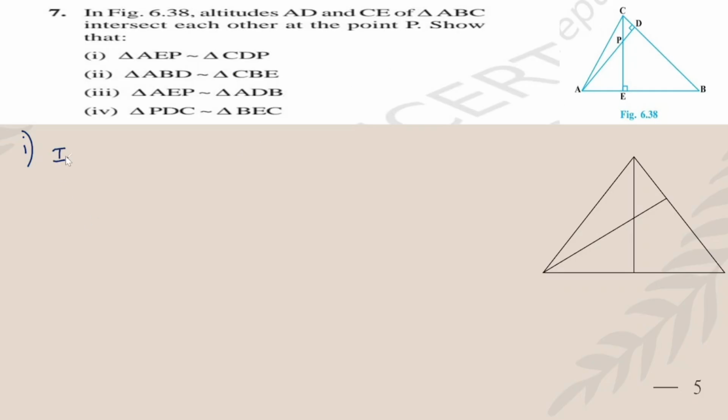So in triangle AEP and triangle CDP, first condition, angle. Let us write this here: A, B, this is E, C, this is P and D. This is a right angle and this is a right angle, given.